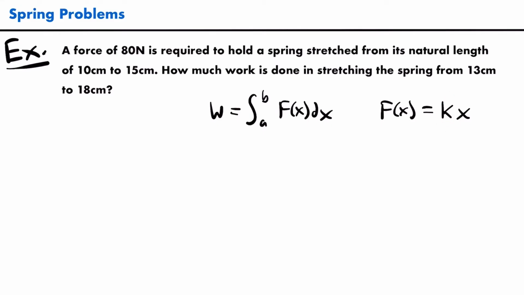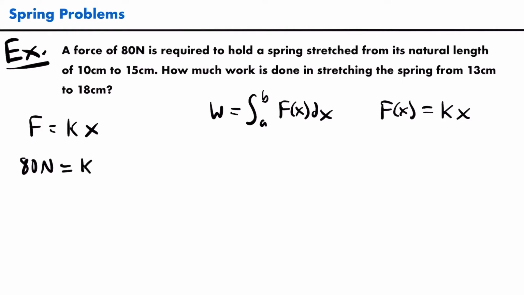We are told that a force of 80 newtons is required to hold a spring stretched from its natural length of 10 centimeters to 15 centimeters. And so if we know that the force is equal to the spring constant times the displacement, then we know that 80 newtons will be equal to the spring constant times the displacement.